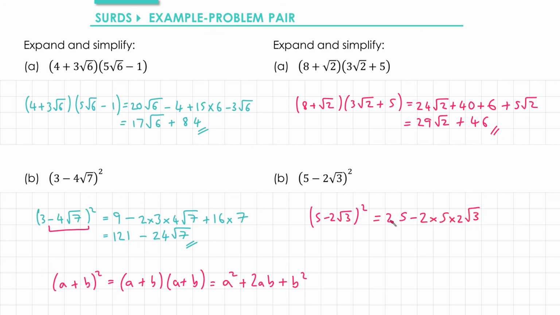Finally, we've got negative 2 root 3 squared. As we're squaring, it will be positive. 2 squared is 4. And root 3 squared is 3. Simplifying, we have 25 plus 12, which is 37. And we have minus 2 times 5 times 2, which is 20. And then root 3.